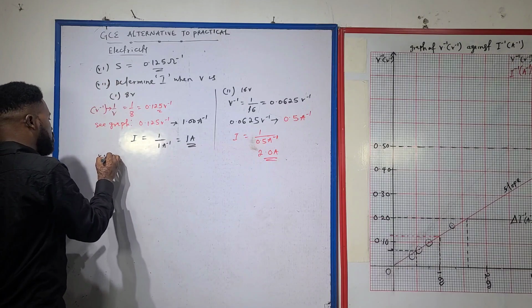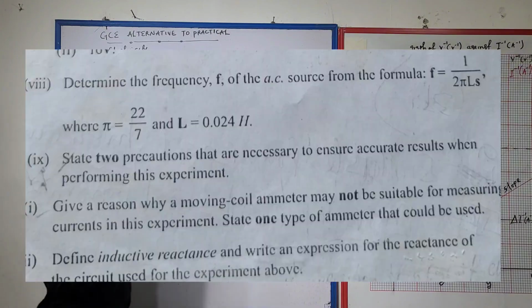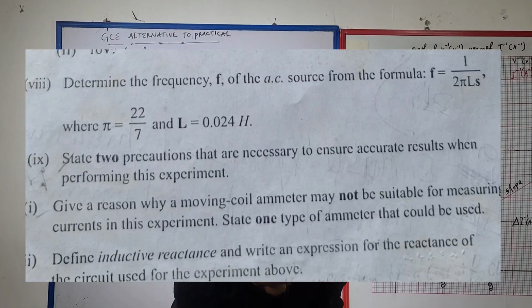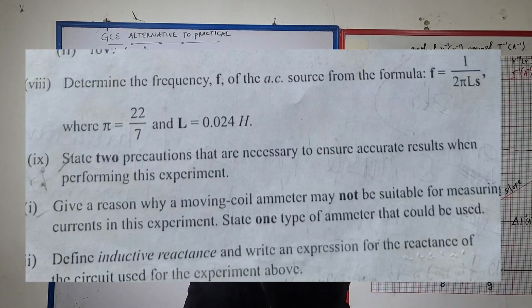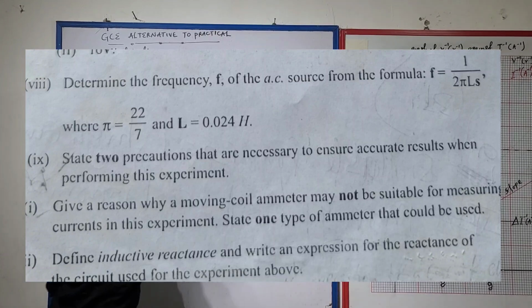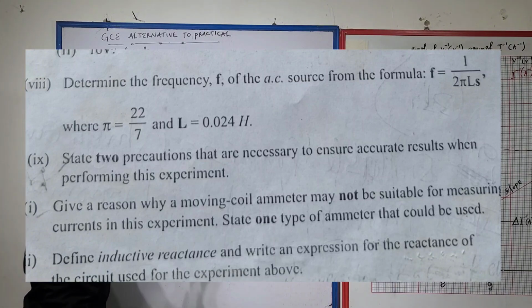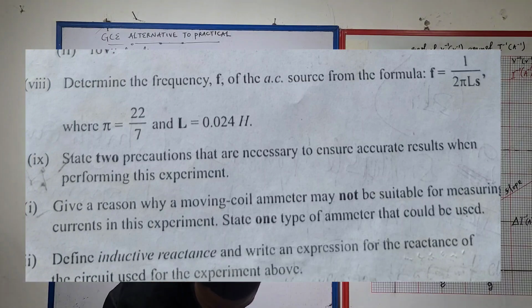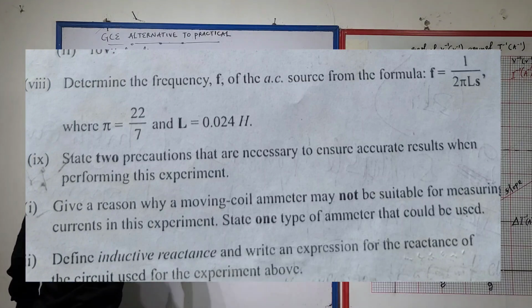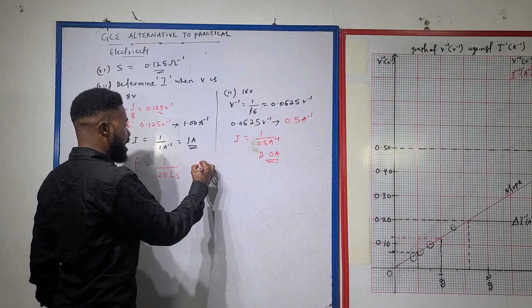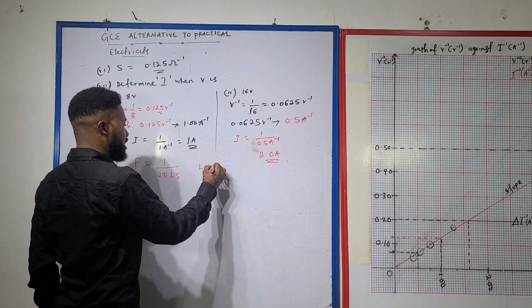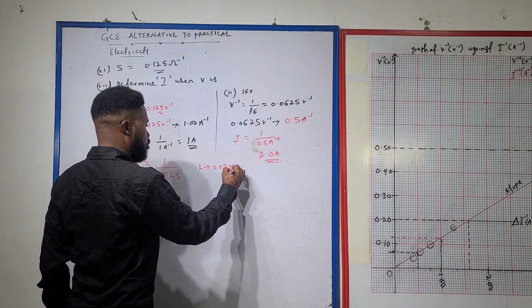Okay, we move to question 8. As you can see on your screen, question 8 talks about determining the frequency F of the AC source from the formula F equals 1 over 2 pi root of L times slope. My L here is given as 0.024.